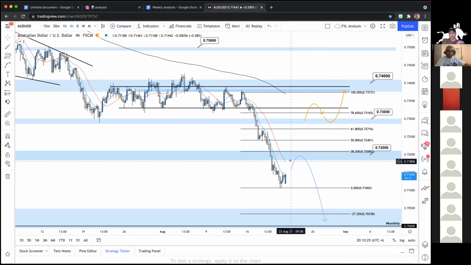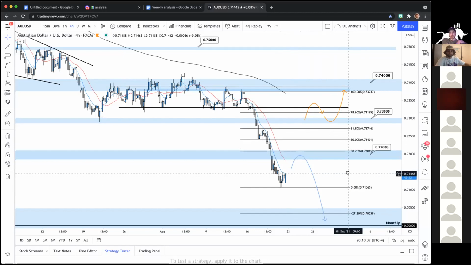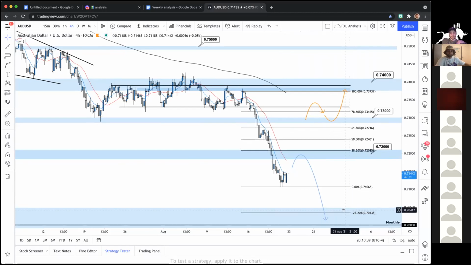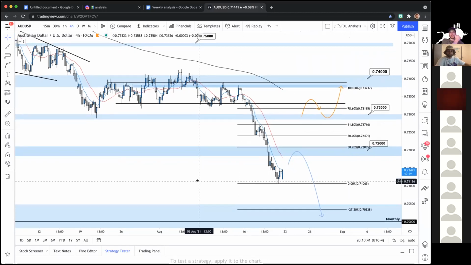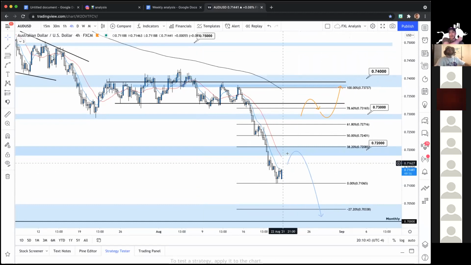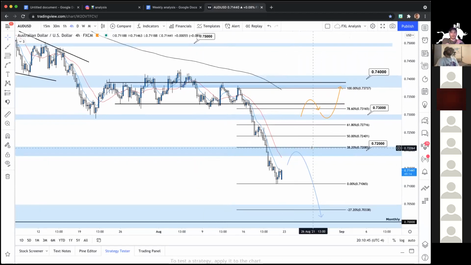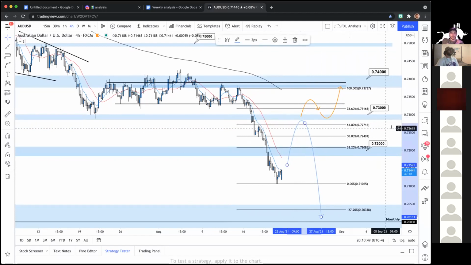So this would be great, just to show you guys the idea behind it. Want to see it pull back up, maybe consolidate a little bit, and then come back down, continue bearish into our negative fib levels and monthly support, as we showed on the daily, right? So this is definitely possible. It also could do something like this. Technically, yes, it could pull back all the way to 0.73 and still be bearish.